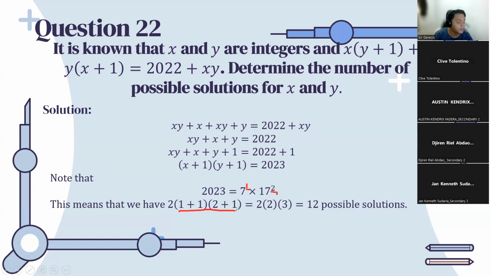So this is actually the formula for the positive factors. That will be 1 plus 1 multiplied to 2 plus 1, so that is equal to 2 times 3, which is equal to 12. So there are 12 possible solutions for x and y for number 22. So the answer is 12.